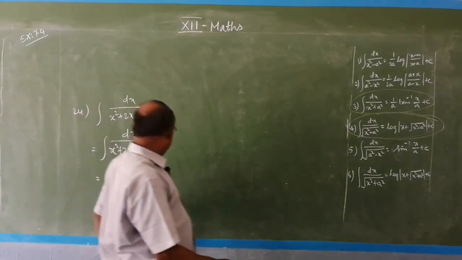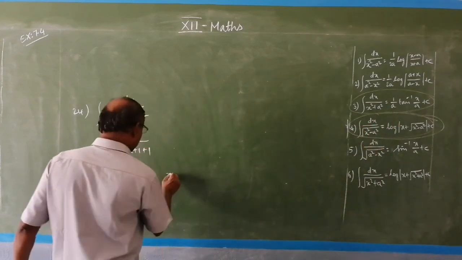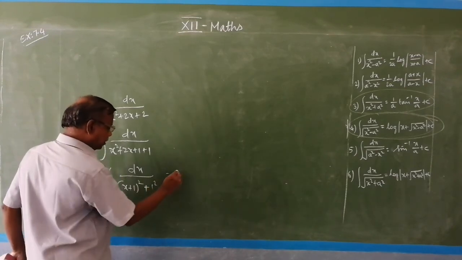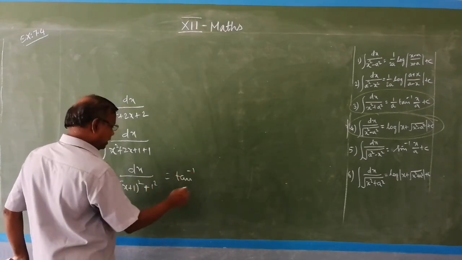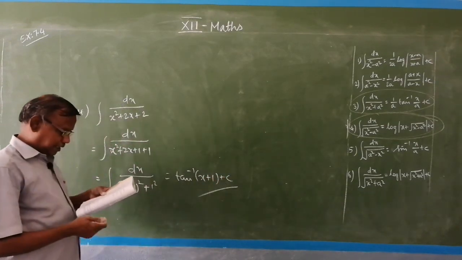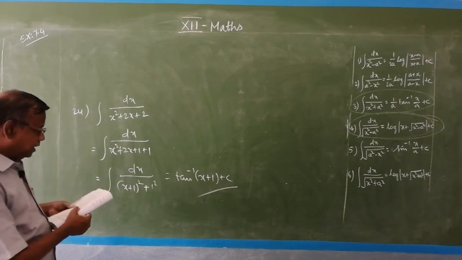It is in the form of integral of dx by x square plus a square. So, it is equal to 1 by a, 1 by a means 1, so 1 by 1 into tan inverse of x by a, that is (x plus 1), plus c. So, the answer is tan inverse of (x plus 1) plus c.